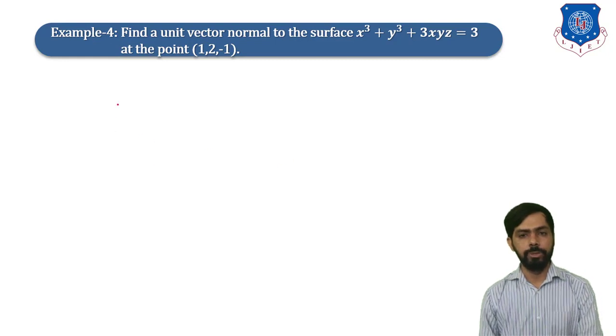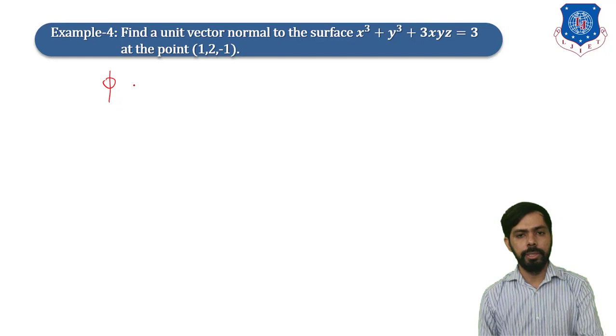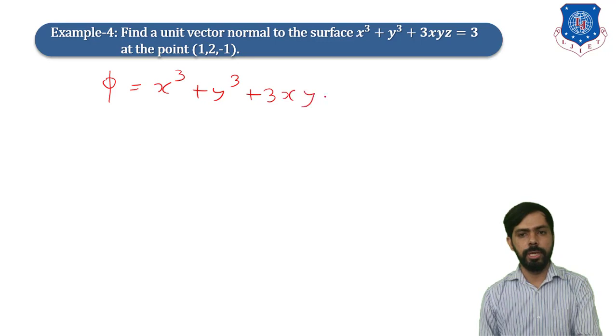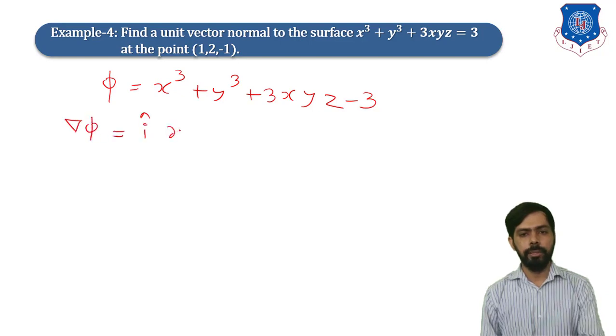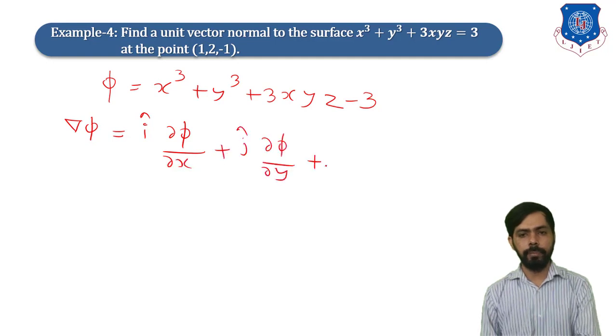Here function phi is x cube plus y cube plus 3xyz minus 3. Now we will have to find out grad phi, that is i del phi by del x plus j del phi by del y plus k del phi by del z.